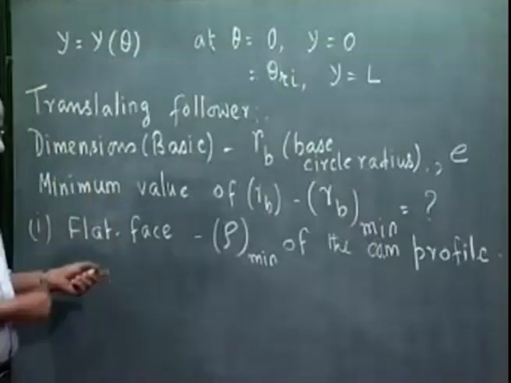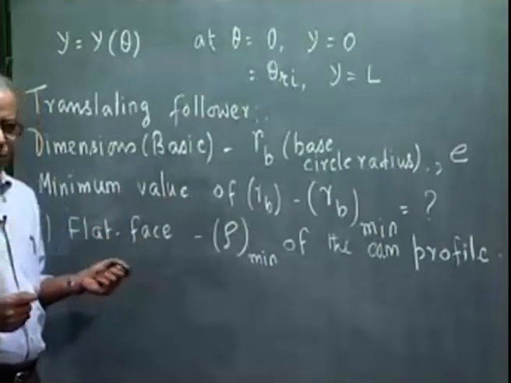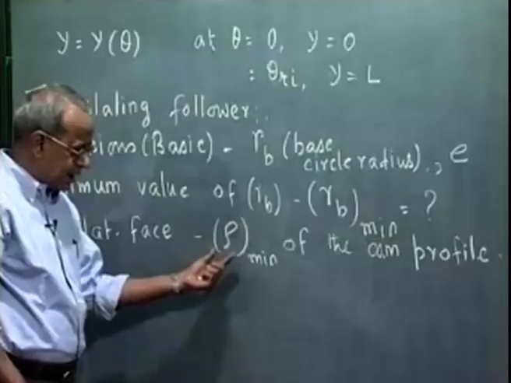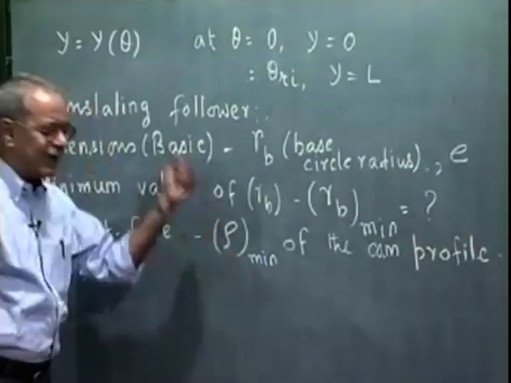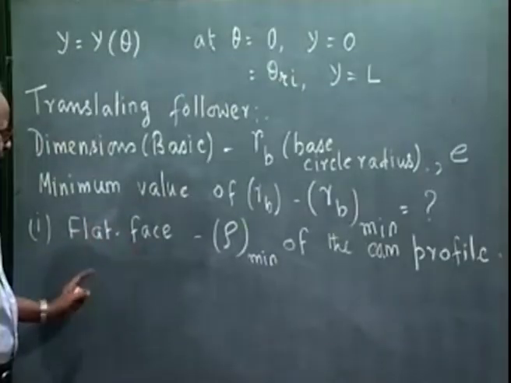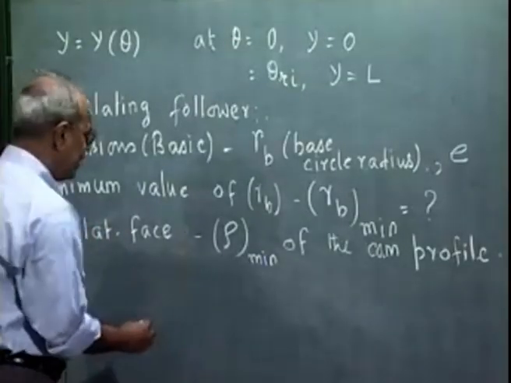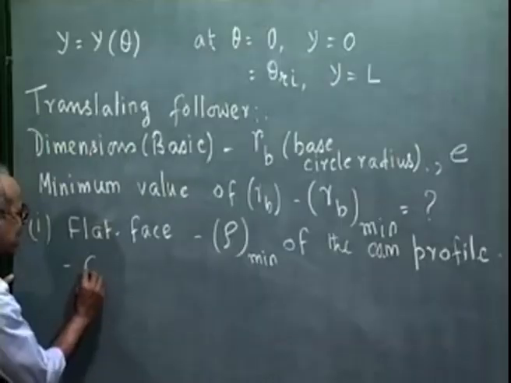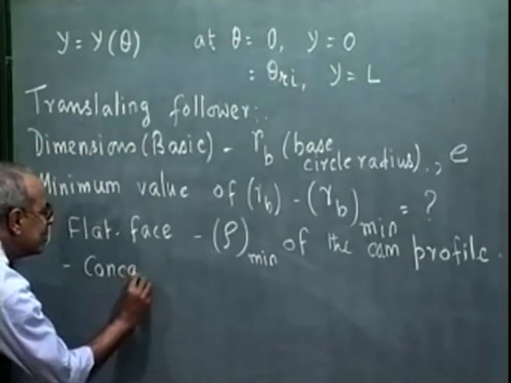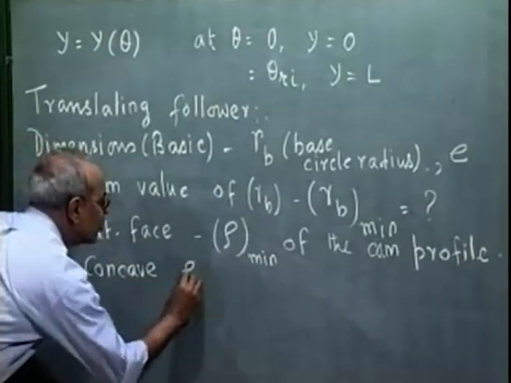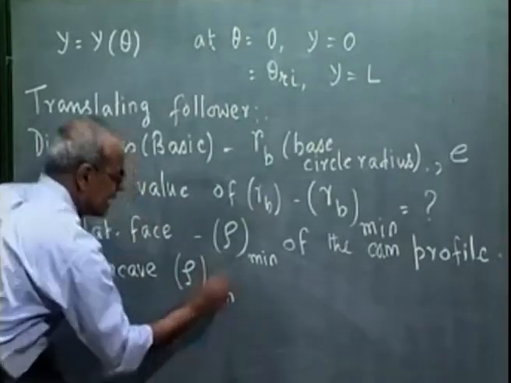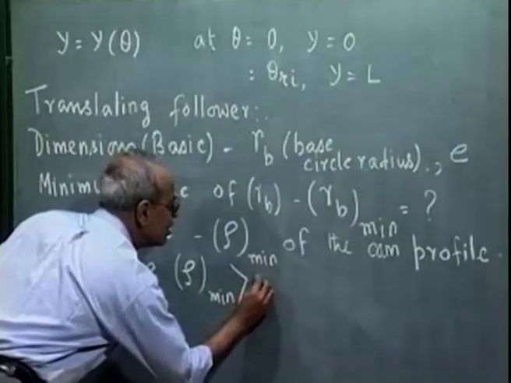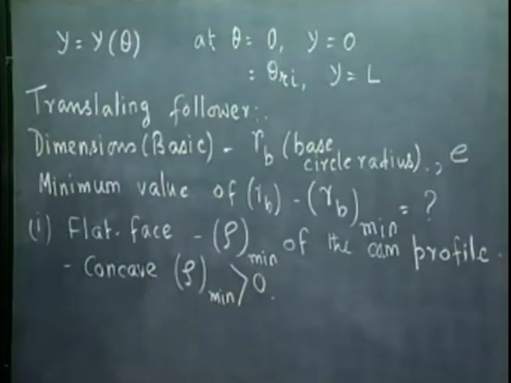The cam curve will have different amount of radius of curvature at different points, but we cannot take the radius of curvature of the cam profile below this value of rho min. For example, for a flat face follower, it is obvious that the cam profile has to be concave, which means rho everywhere must be positive, greater than 0, curvature is positive, so rho min must be greater than 0.